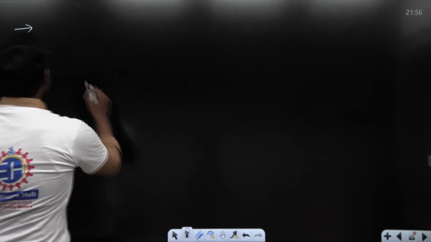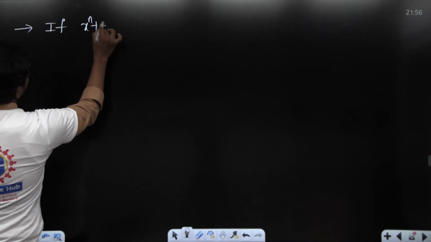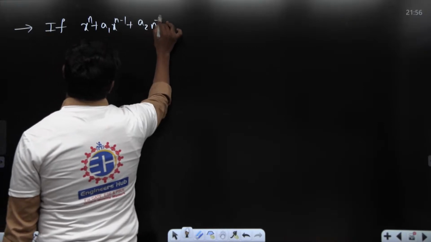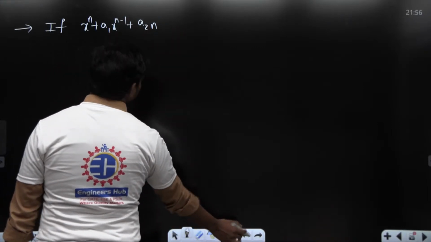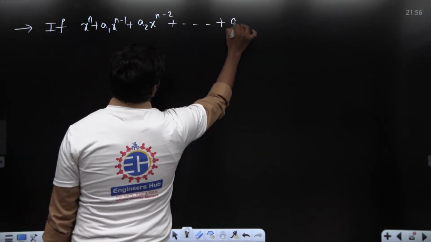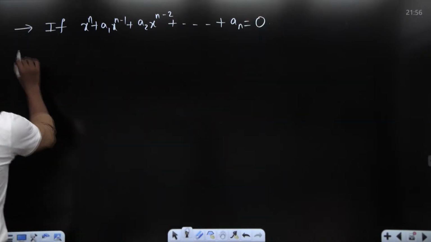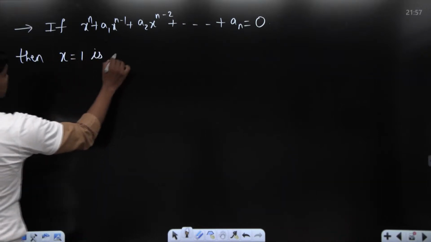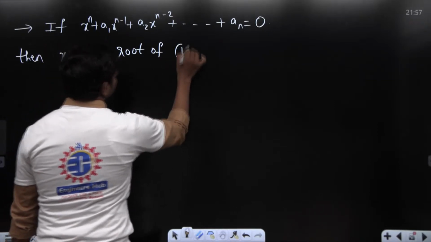So I am telling you one thing: if x power n plus a1 x power n minus 1 plus a2 x power n minus 2 and so on plus an is equal to 0, if this is a polynomial function in terms of x, then x is equal to 1 is a root of equation 1.